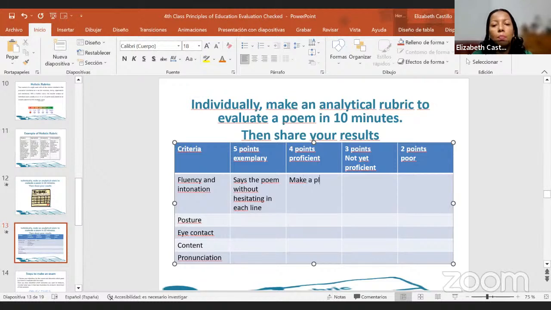Makes a pause, but not an inappropriate or unnecessary pause, and is continuous.